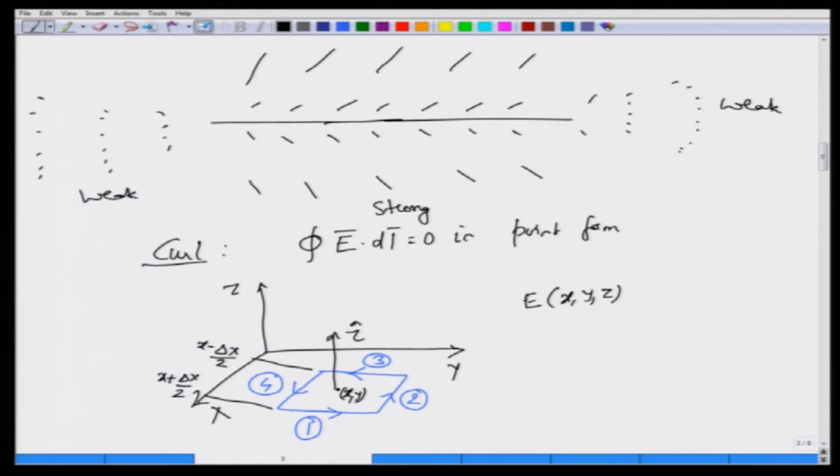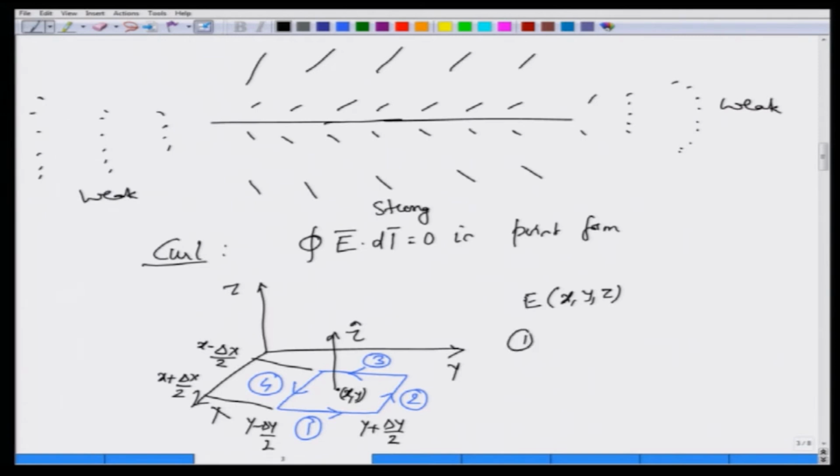Along path 1 the value of x is constant, however, the value of y will change from y minus delta y by 2 to y plus delta y by 2. We will assume that the electric field is going to be constant over this length, however, the electric field has to be evaluated at the point x plus delta x by 2.